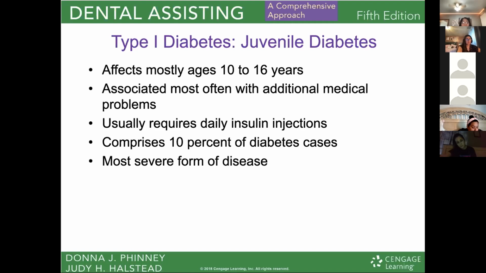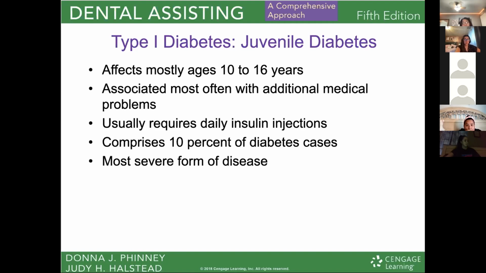So when somebody, let's say a child, has something small, like the flu, a common cold, or pneumonia, the body overreacts and the white blood cells go crazy. They get into the pancreas and attack the pancreas's beta cells, which are responsible for producing insulin.